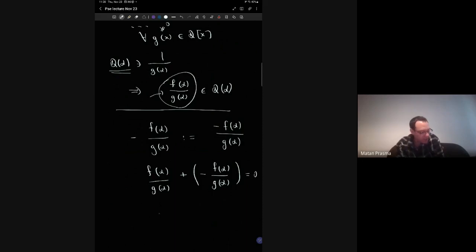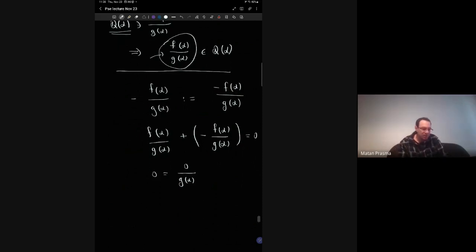The zero element, by the way, there are different ways to represent it, but you can take the zero polynomial modulo any polynomial that is non-zero. And if you want a multiplicative inverse, that's also very simple. You have f of alpha modulo g of alpha. You take the inverse, which is g of alpha modulo f of alpha.